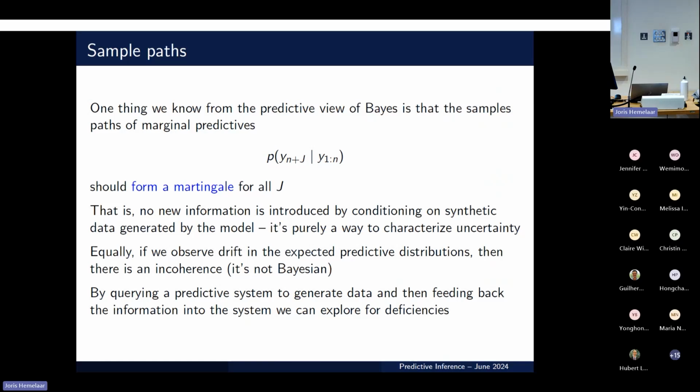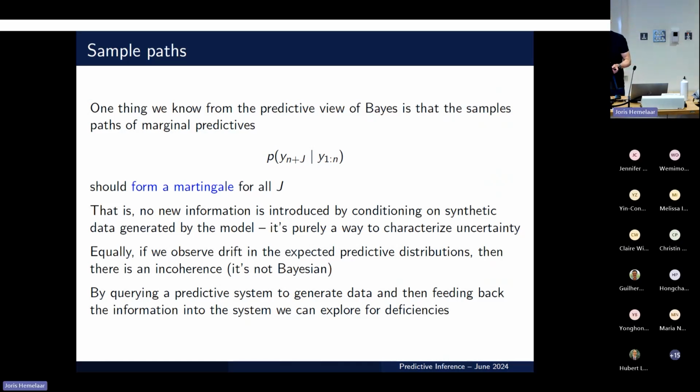I run it forward to complete, then I repeat the whole thing. I get another data table with the real data. I run it forward. If I then look across all of those data tables at any row, the jth row, the predictive distribution of the jth row, on average, will be the same for any row.